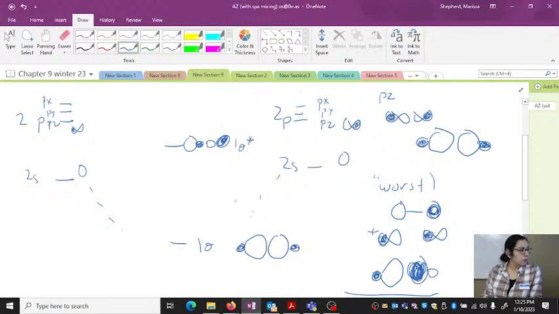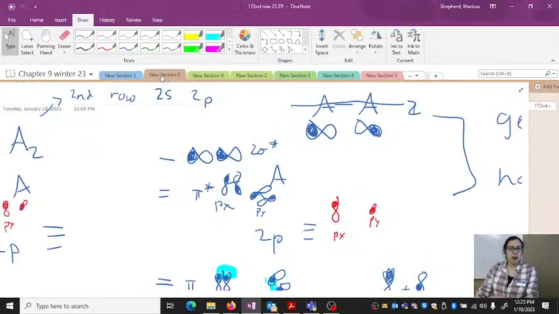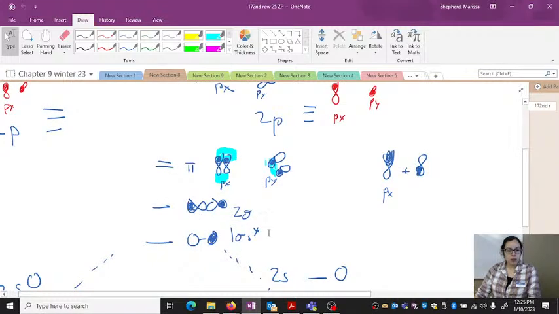So now that's our 1 sigma anti-bonding. And then the next thing to figure out is, which one goes next in energy level? If we look back to this one, we had the Z axis next, since that was nicely overlapping.